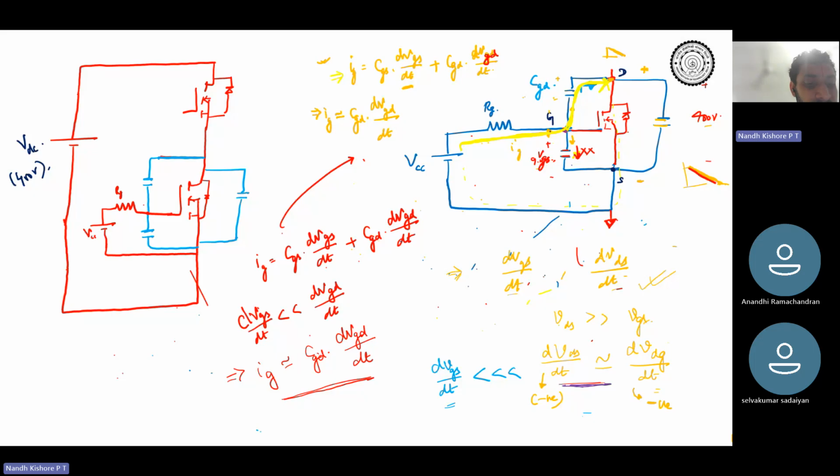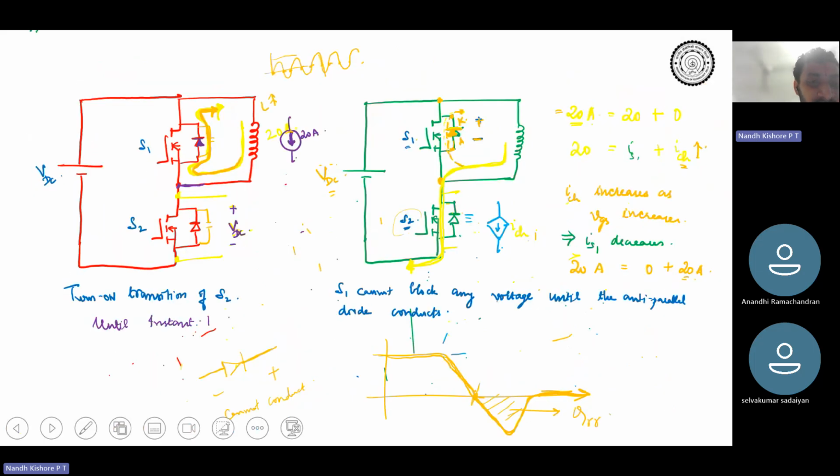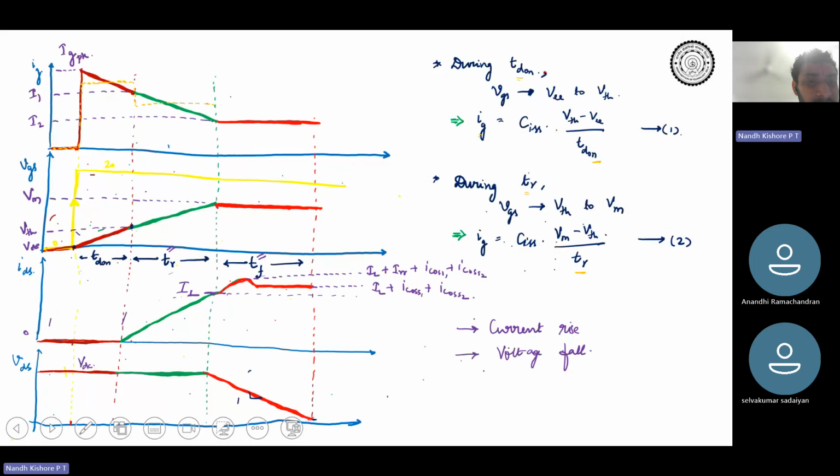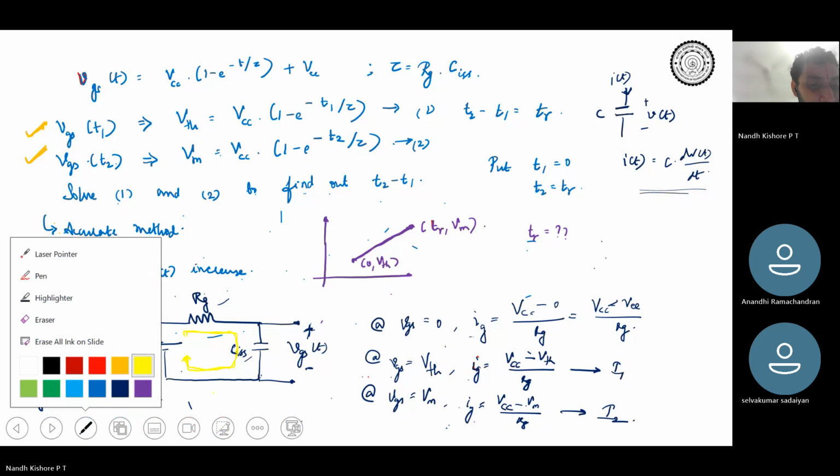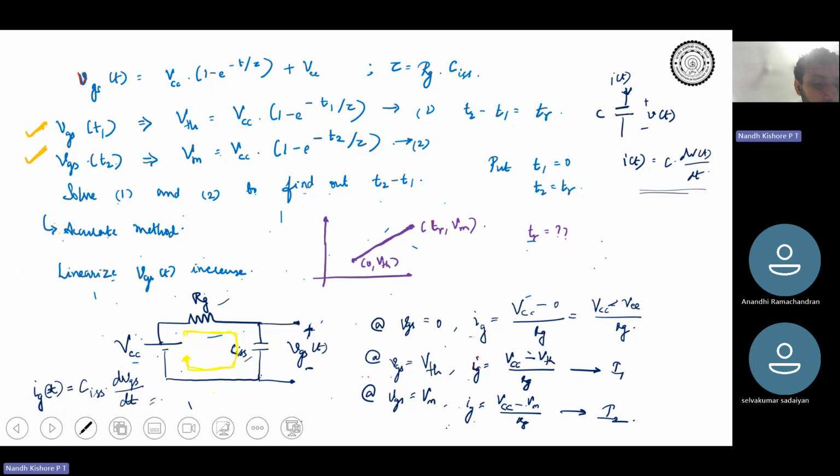Before this interval, the gate current was flowing through CGS, right? Always we saw that gate current is flowing through CGS.